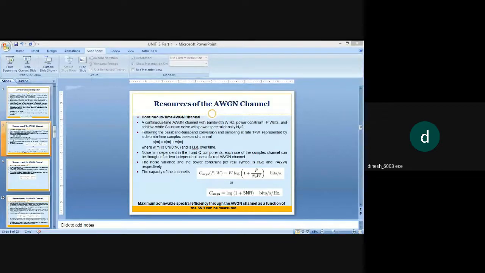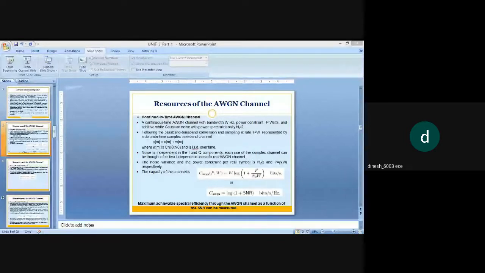So next we'll be determining the capacity as a function of bandwidth. The bandwidth is measured in megahertz and the capacity is measured in megabits per second.